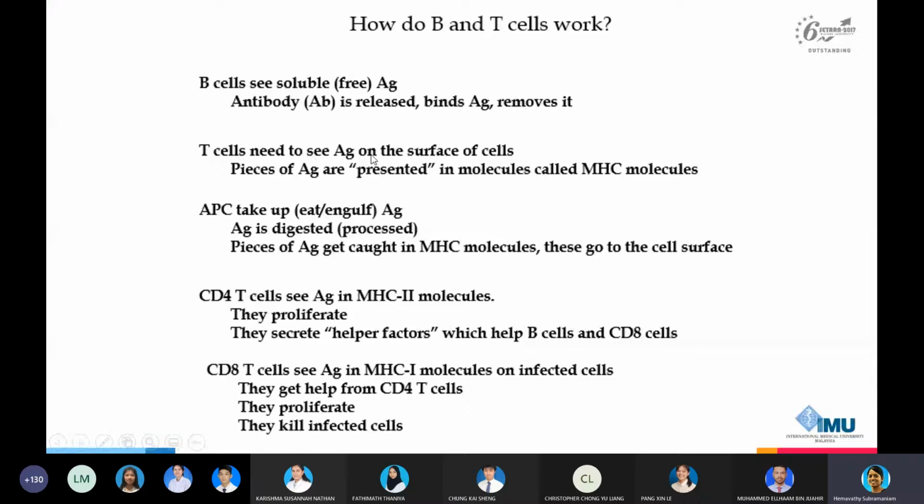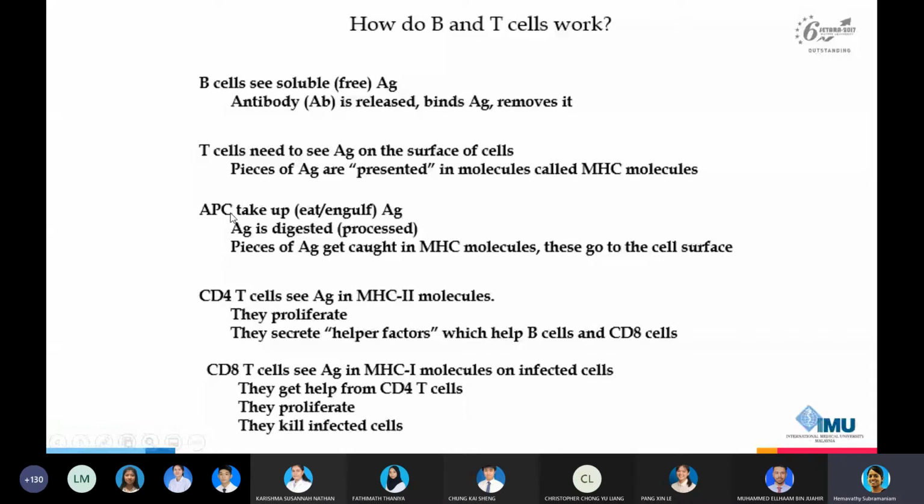meaning the pieces of antigen will be presented in molecules called the MHC molecule with the help of APCs, antigen presenting cells. So the antigen presenting cell, for example, macrophage and dendritic cell, will take up the antigen, it is processed or digested.